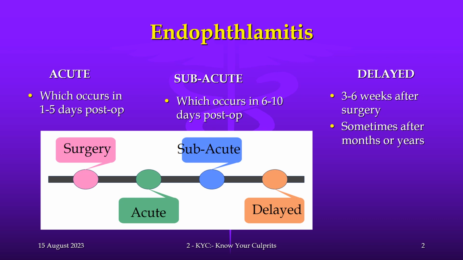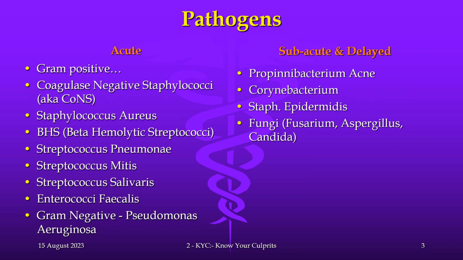whereas delayed endophthalmitis can occur 3 to 6 weeks after the surgery, or sometimes after months or years. Pathogens most responsible for acute endophthalmitis are gram-positive coagulase negative staphylococci, also known as CONS, Staphylococcus aureus, beta hemolytic strains of streptococci, namely Streptococcus pneumoniae, Streptococcus mitis, Streptococcus salivarius, also gram-positive Enterococcus faecalis and gram-negative Pseudomonas aeruginosa.